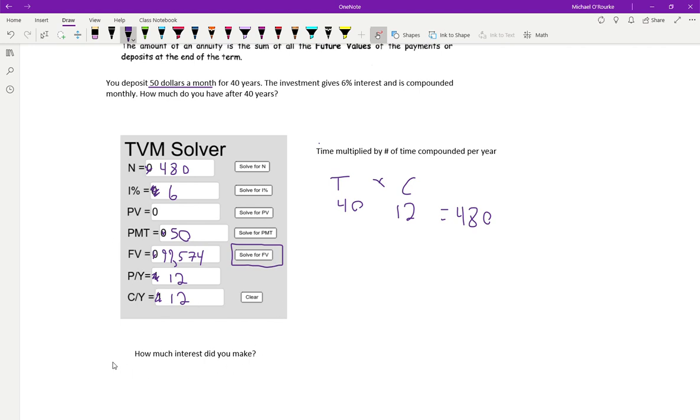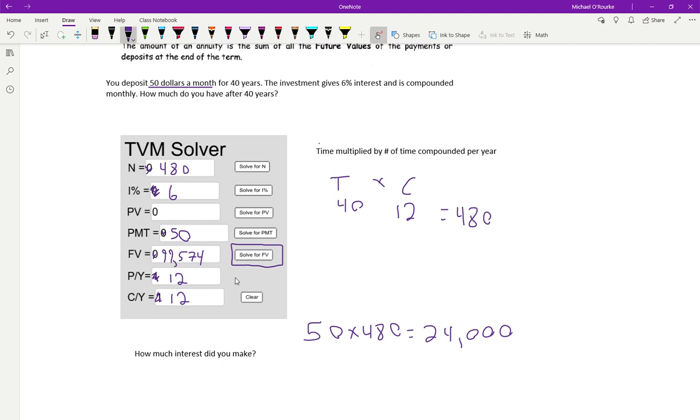Okay. How much interest did my investment make? Well, if you think about it, we put in $50, 480 times because we have 40 years times 12 months. So we go 480 times 50. It's going to give us a total of 24,000. So we put in $24,000 into this investment.